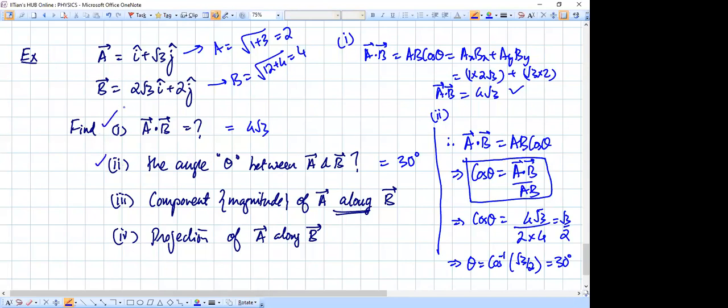That's how we get the second part. So are the first two parts clear to all of you?